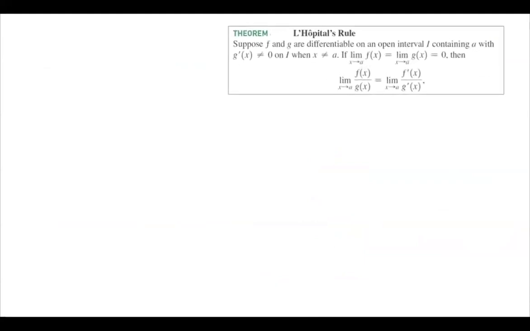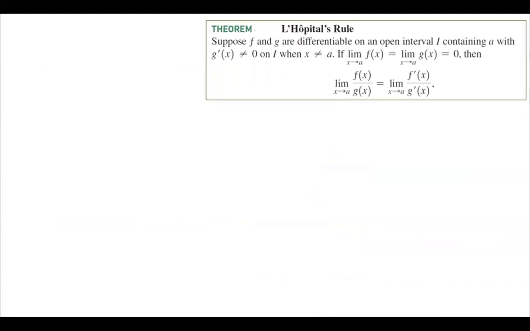We can also use the method of L'Hopital's rule. Suppose f and g are differentiable on an open interval I containing a value like a. Suppose the derivative of g in the denominator is not 0.